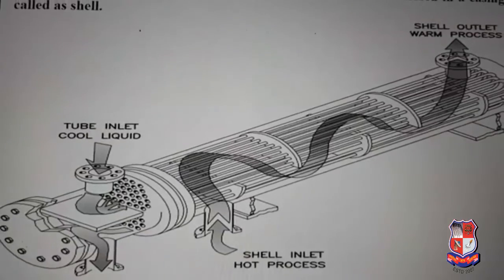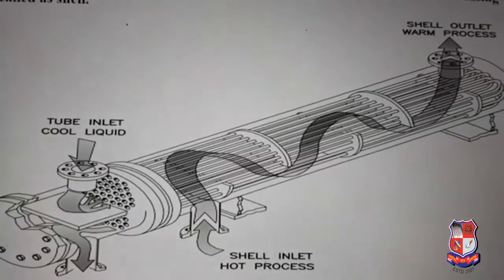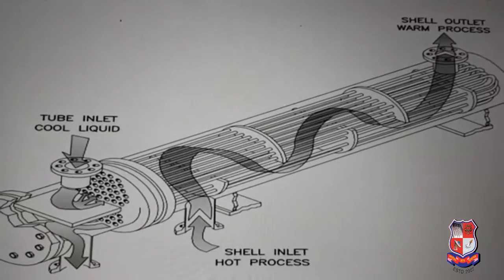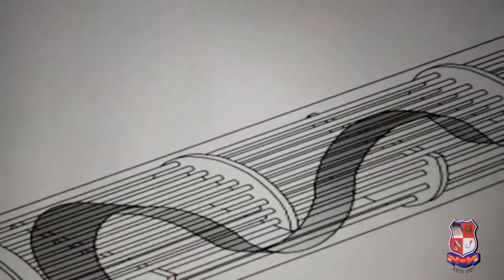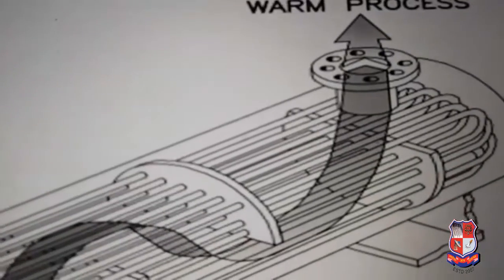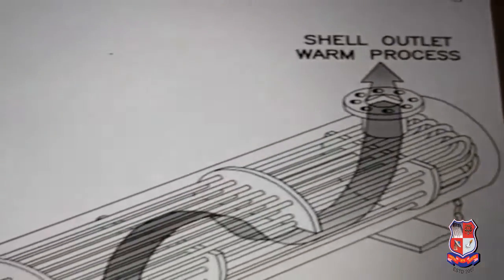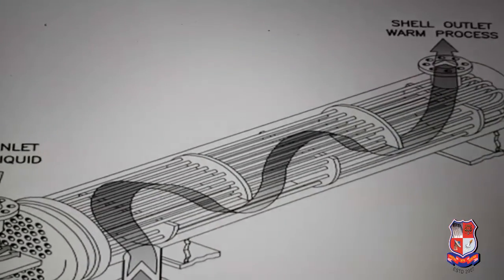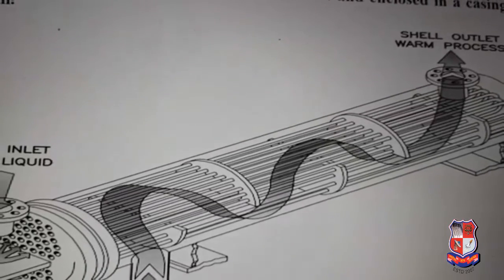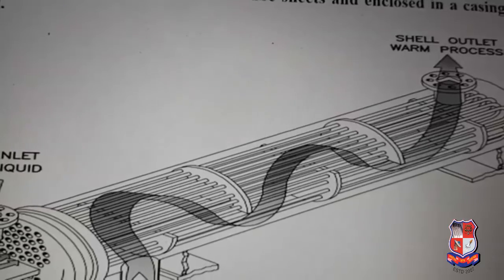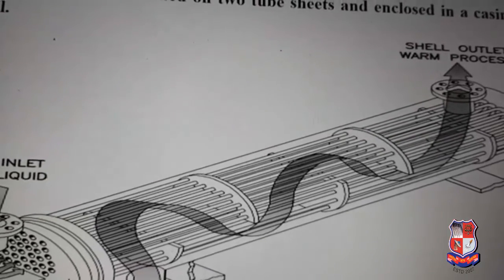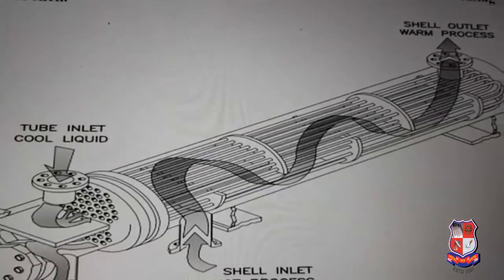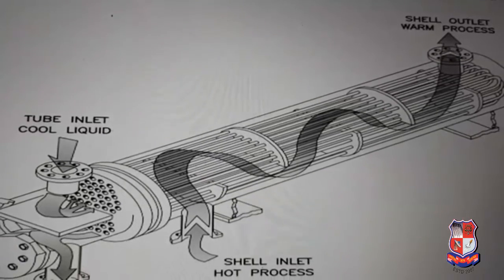Now the main thing that I want you to understand is the baffles. Baffles are plates that, as you can see, are embedded at regular intervals. They have a very important role in the shell and tube heat exchanger: they increase the residence time of the fluid inside the heat exchanger so that more heat exchange takes place, and they keep the tube bundle very firm, because due to turbulence vibrations come into the tube bundle. So they keep the tube bundle stagnant, which makes them a very important part.